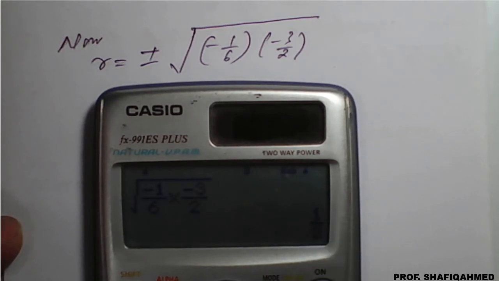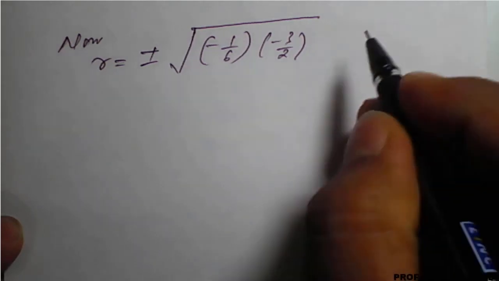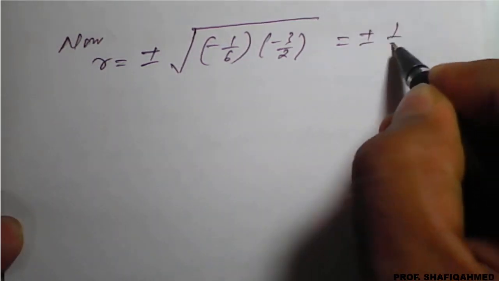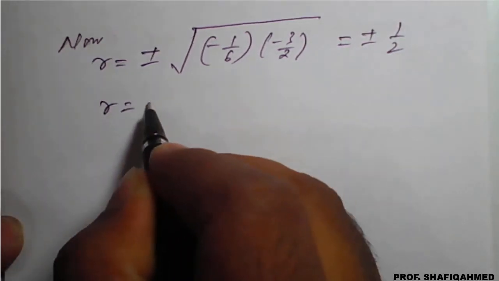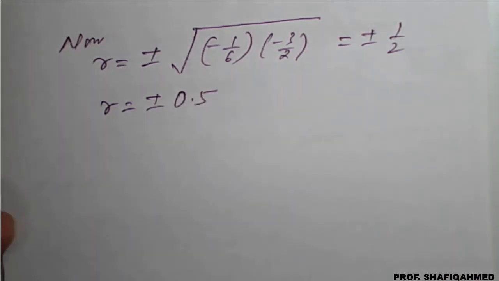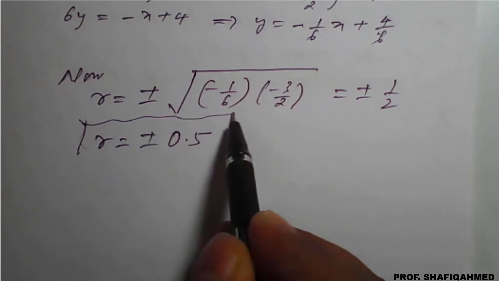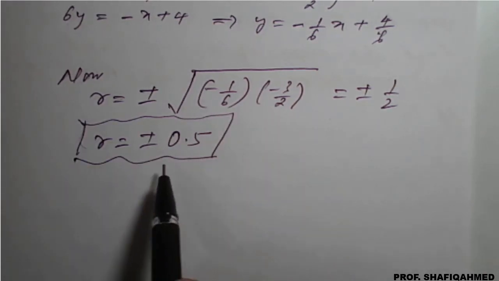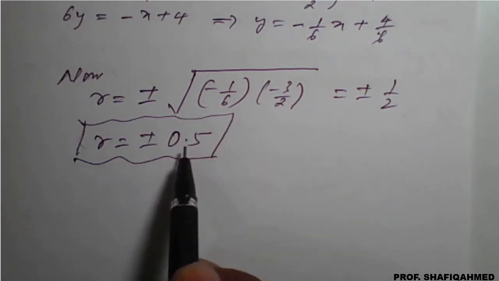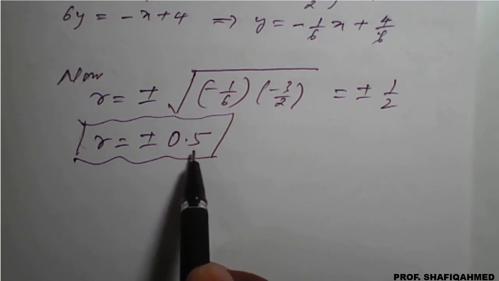You will find 1 by 2 as the answer. So it is plus or minus 1 by 2, or 0.5. Now this result fulfills the criteria of the regression coefficient of correlation, because it is less than or equal to plus or minus 1.